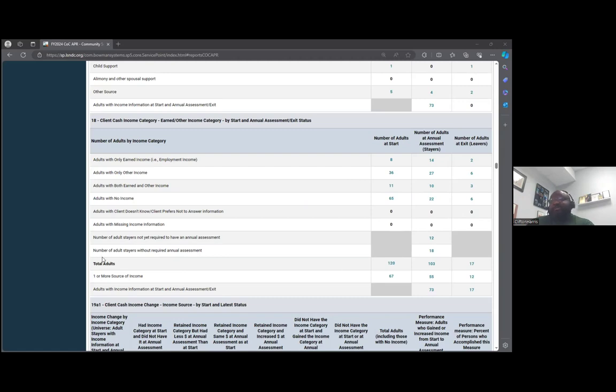Now the second one, the number of adult stayers without required annual assessment, those are the people at the top in 6C. So this group should be in question 19, but it won't include them until you do the annual assessment. Okay. So theoretically, this number should be 0. You can have people in the first number because all of your new intakes are going to be in it.